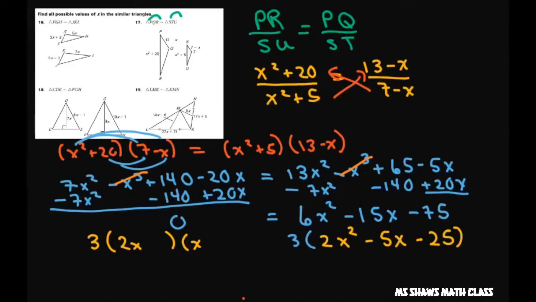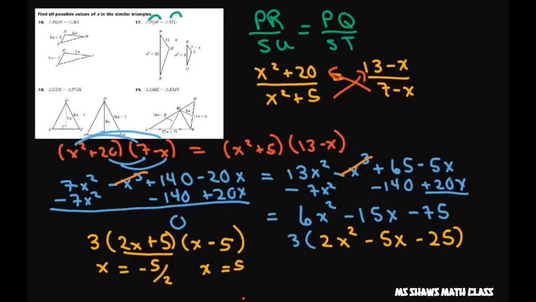Let's see if that works. 5 and 5. One has to be plus, one has to be minus. So if I get 10, it's going to be minus here and plus here. So what we get is x equals, you set that to 0, you get negative 5 halves. And set this to 0 and you get x equals 5.